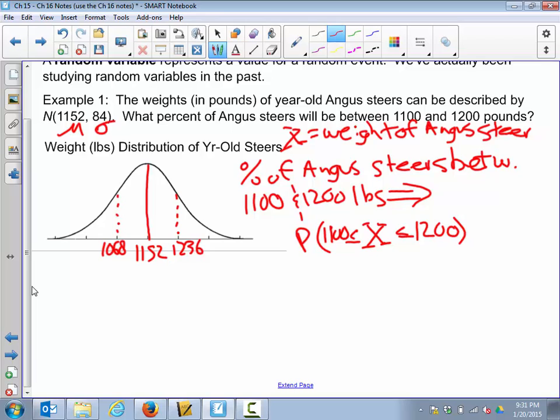And the normal bell curve allows you to find that probability.